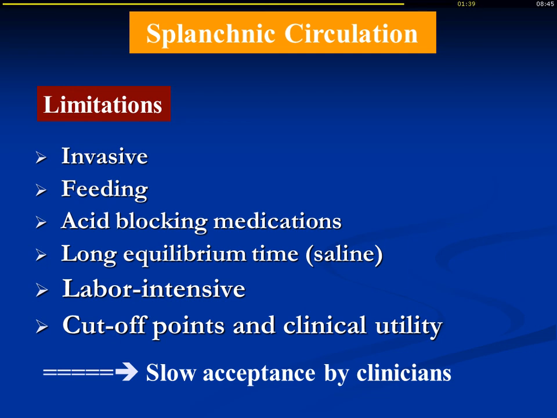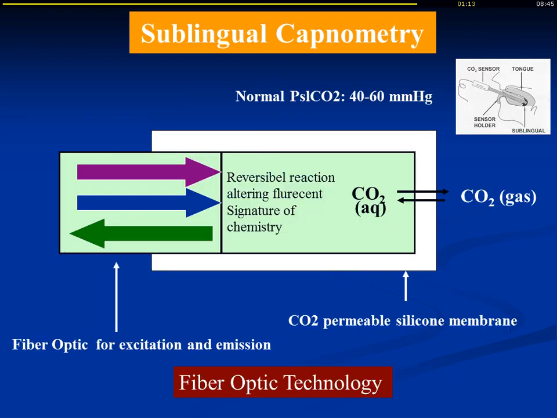There is a lot of interference with feeding and with acid-blocking medications. Well, that's a limitation of the older generations of gastric tonometry, but nevertheless, you need some time to analyze what you get out of these data, and the cutoff points and the clinical utility are not very certain. That's why we are not seeing these methods at the bedside, despite the fact that we have had them on the market for more than 20 or 30 years.